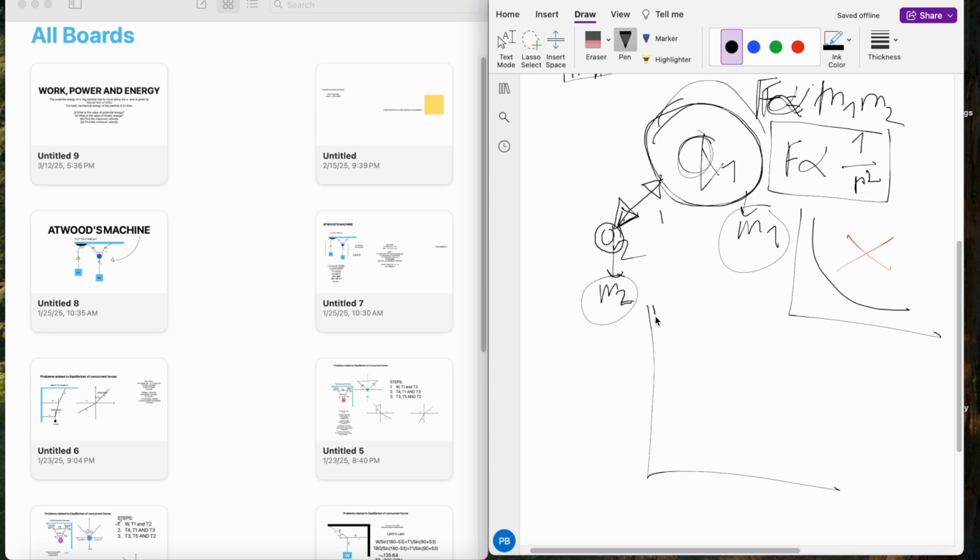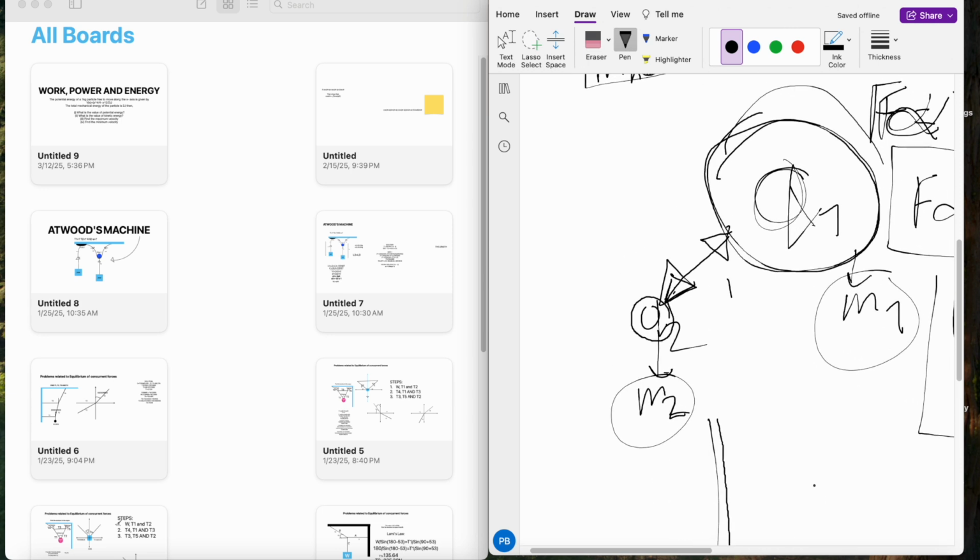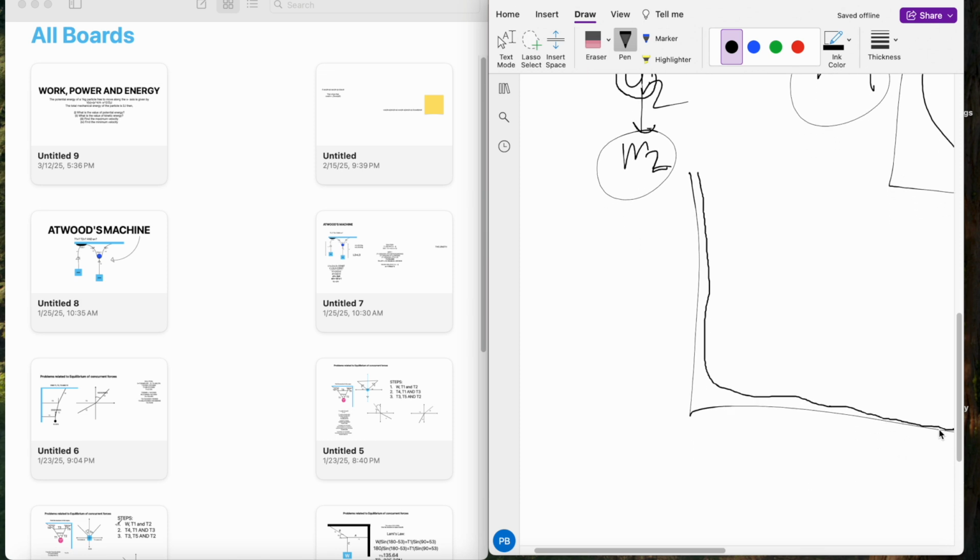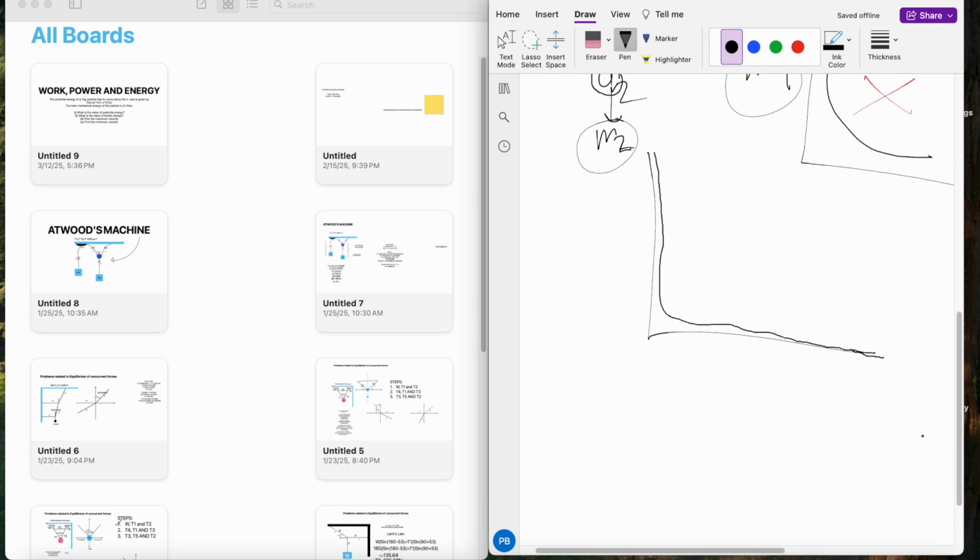So as you can see here, it is not touched.